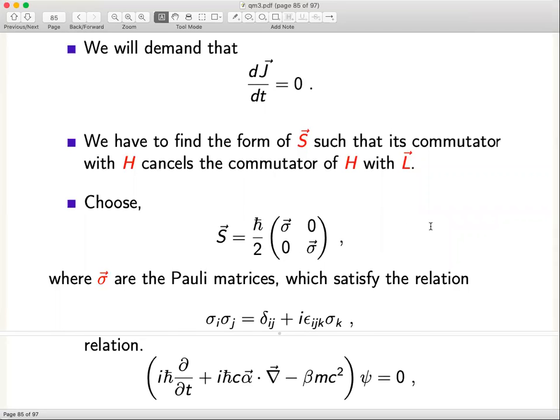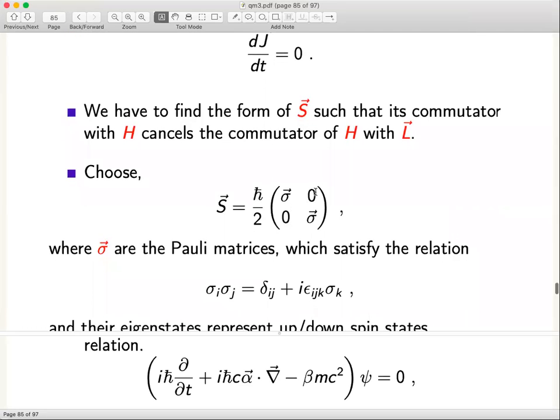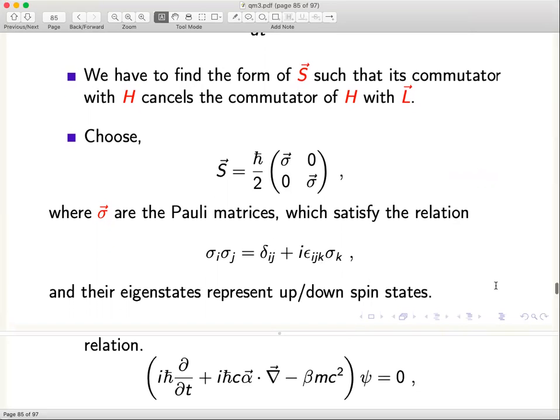Now remember, sigmas, which are the Pauli matrices, satisfy the following relation: sigma i sigma j is equal to delta ij plus i times epsilon ijk sigma k. And we also know from non-relativistic quantum mechanics that the eigenstates of the Pauli matrices are up and down spin states.